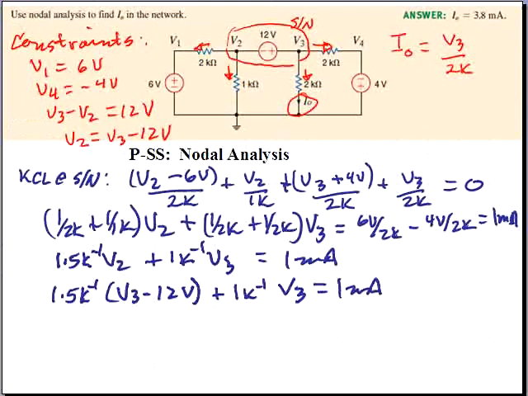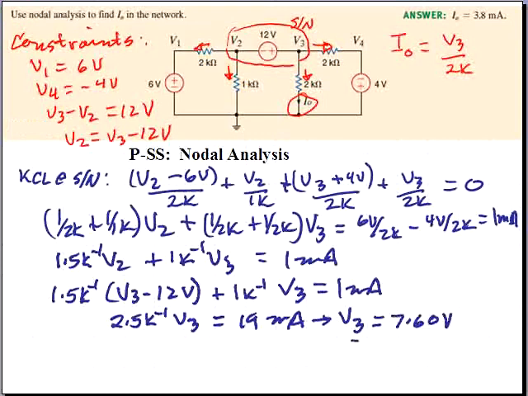And we now have that 2.5 K to the minus 1 V3 is equal to 19 milliamps. We can solve that for V3 equals 7.60 volts.